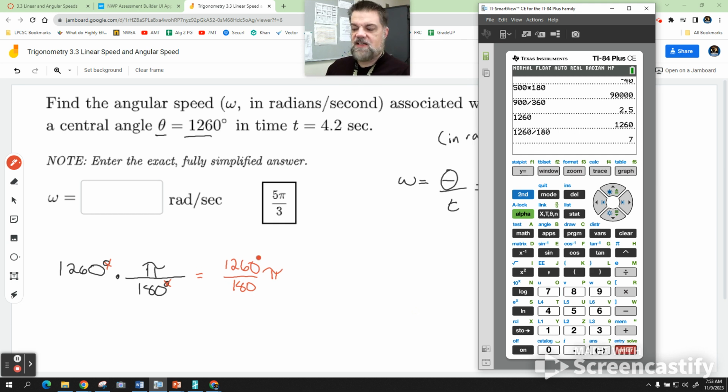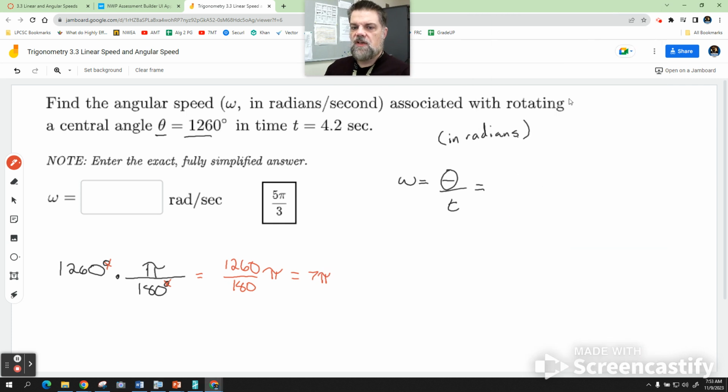All right, so it does. It reduces down to 7. So in other words, 180 goes into 1260 7 times. So this reduces down to 7 pi. Okay? So that's theta. And then we're going to divide that by 4.2 seconds.